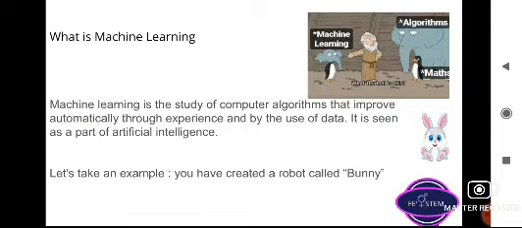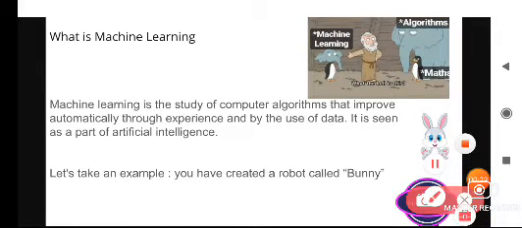So what is machine learning? Machine learning is a study of computer algorithms that improve automatically through experience and by the use of data. It is seen as a part of artificial intelligence.